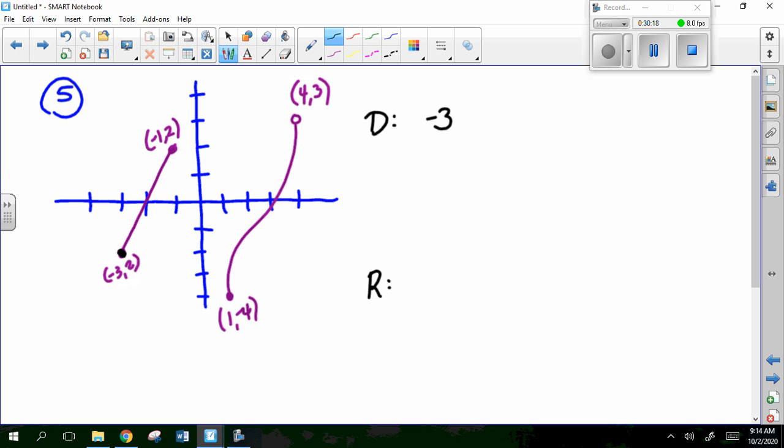Now, is that circle open or closed? Closed, which means I'm going to put a parenthesis or a square bracket on it. Square. Okay? Now, as I trace my graph to the right from -3, the next x value I get to that has something going on is -1.